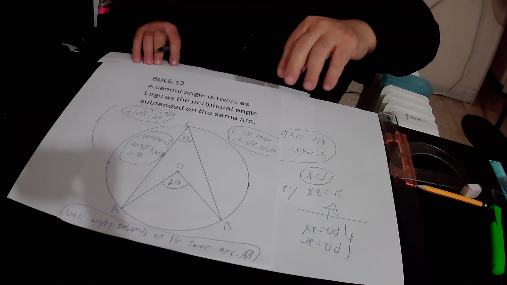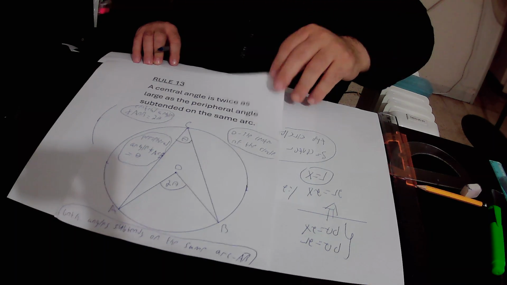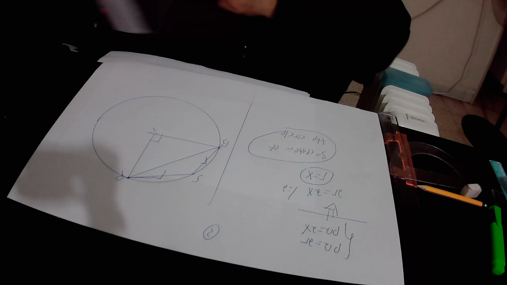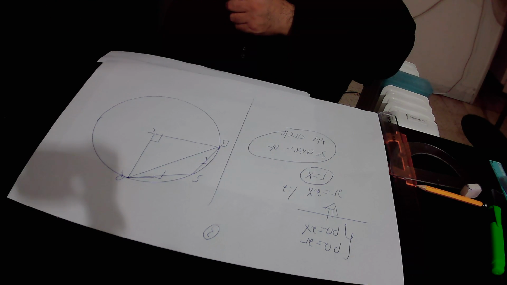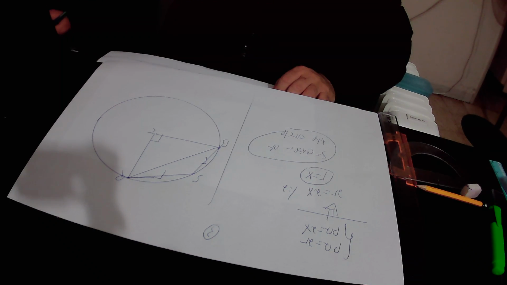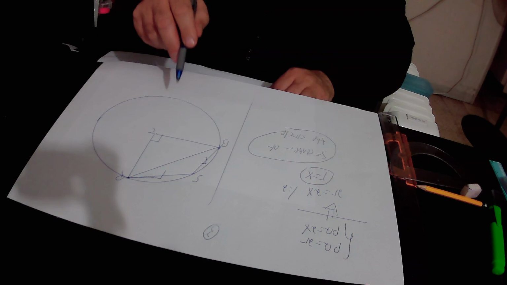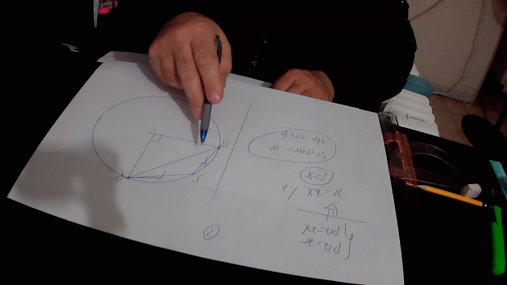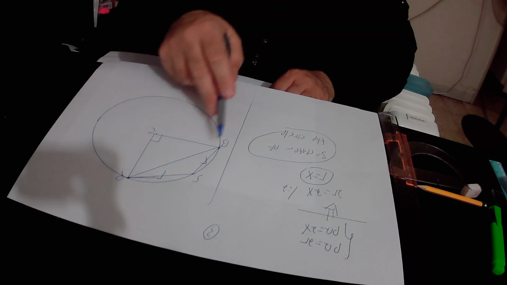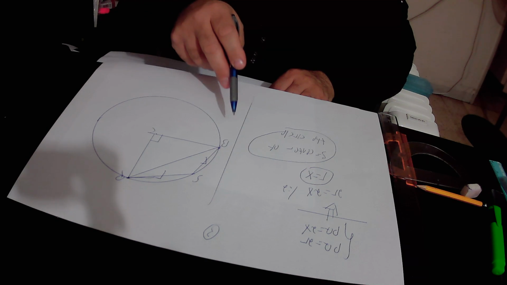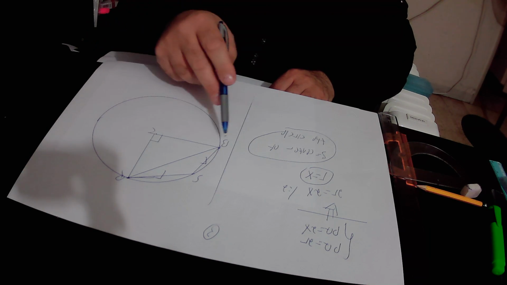So you can actually implement rule number 13 in our drawing. Why? Because in our drawing we have the peripheral angle QSB. This peripheral angle QSB is subtended on arc BQ, the big arc BQ.